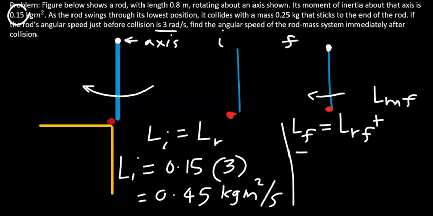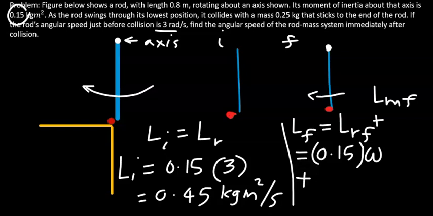The angular momentum of the rod in the final state is its moment of inertia about that axis, and that number is given, times the angular speed after the collision, which is what we want to determine, omega.